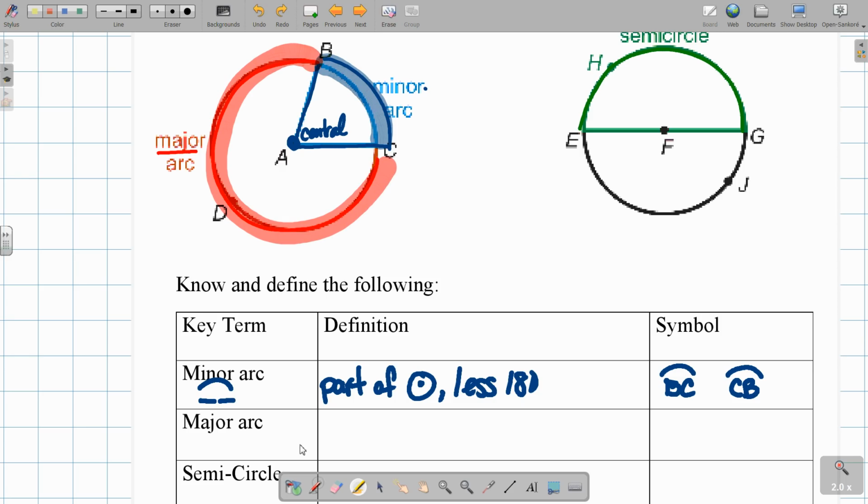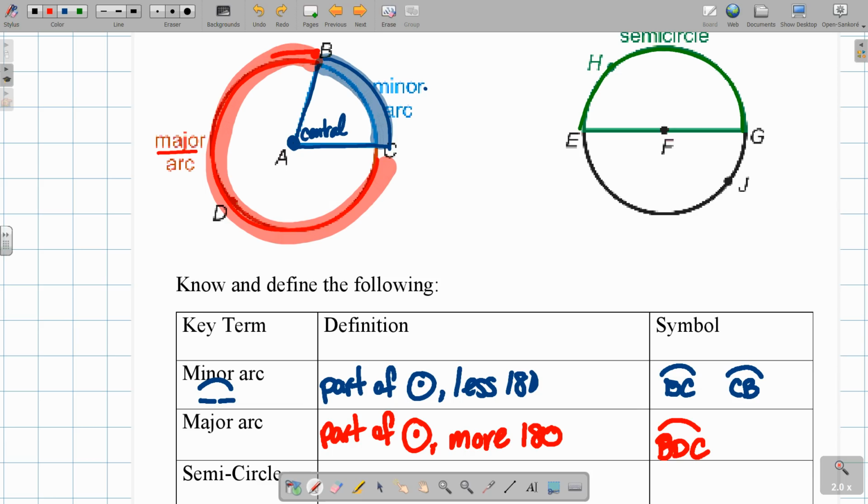Major arc, more than 180. It's part of the circle edge, more than 180. Up here, we would name that arc B, D, C, going this way.